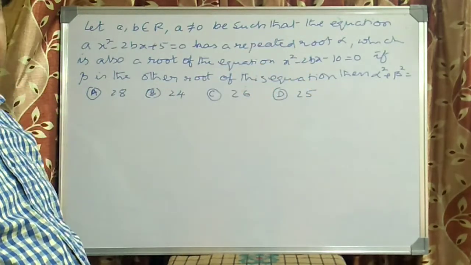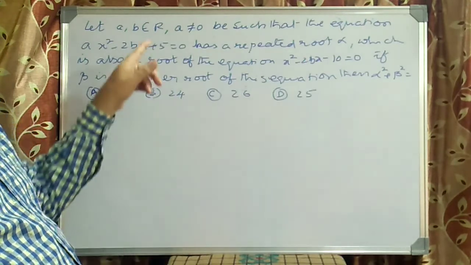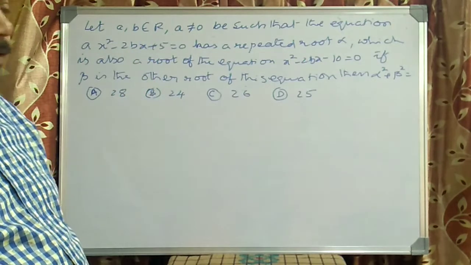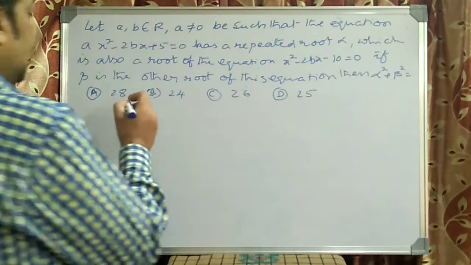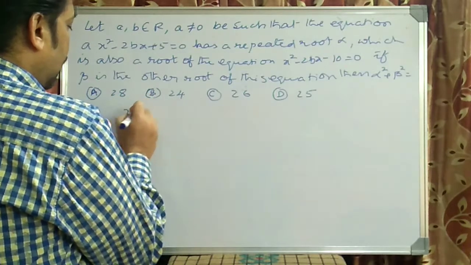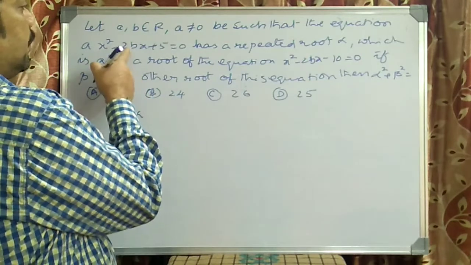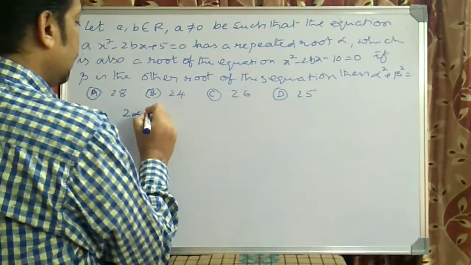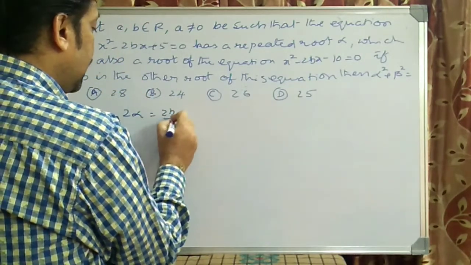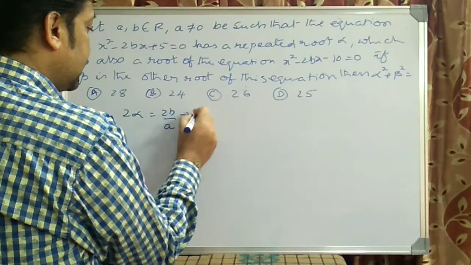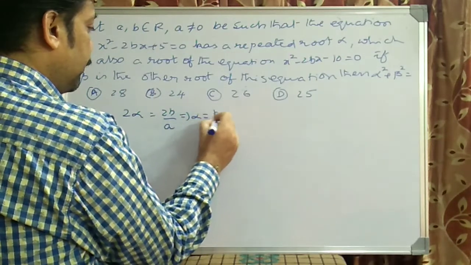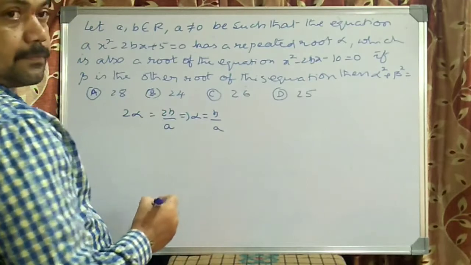The given conditions are alpha is a repeated root for the first equation. So very clearly I have alpha plus alpha, that is 2 alpha, for the repeated root of the first equation, is equal to 2b by a. This implies alpha is equal to b by a.